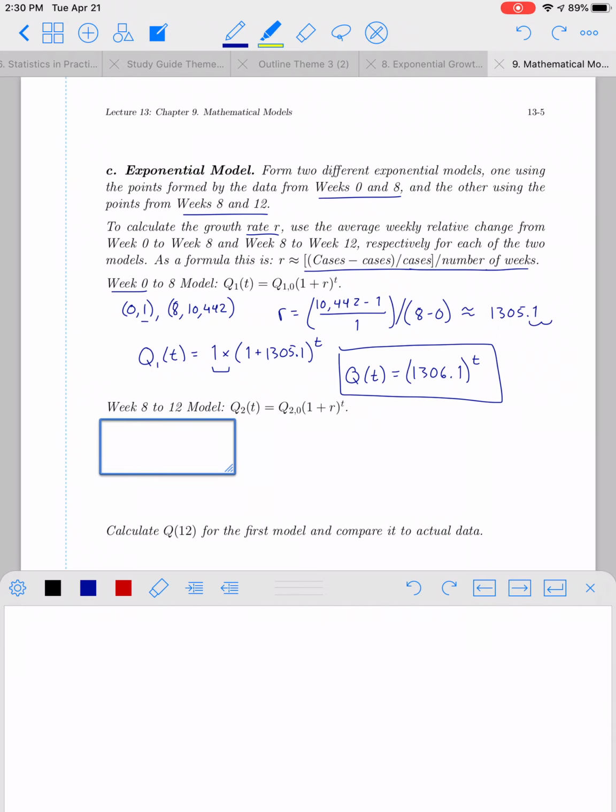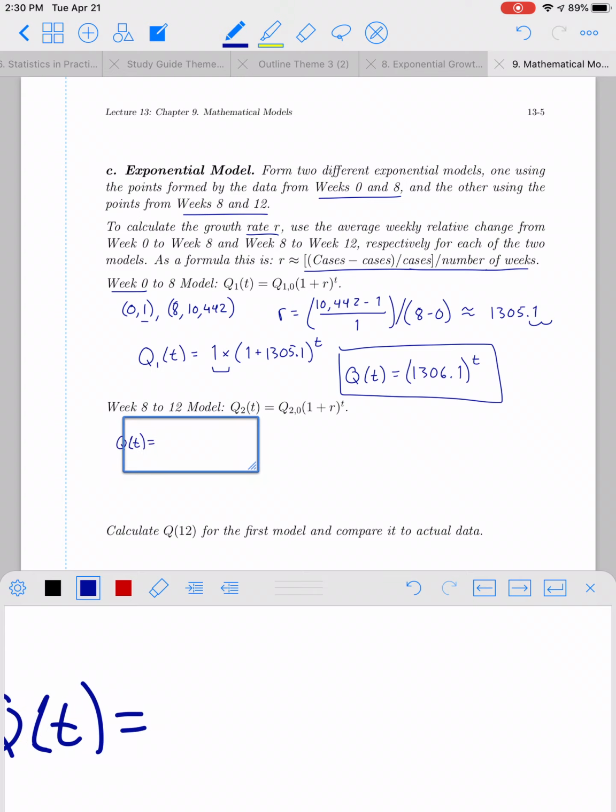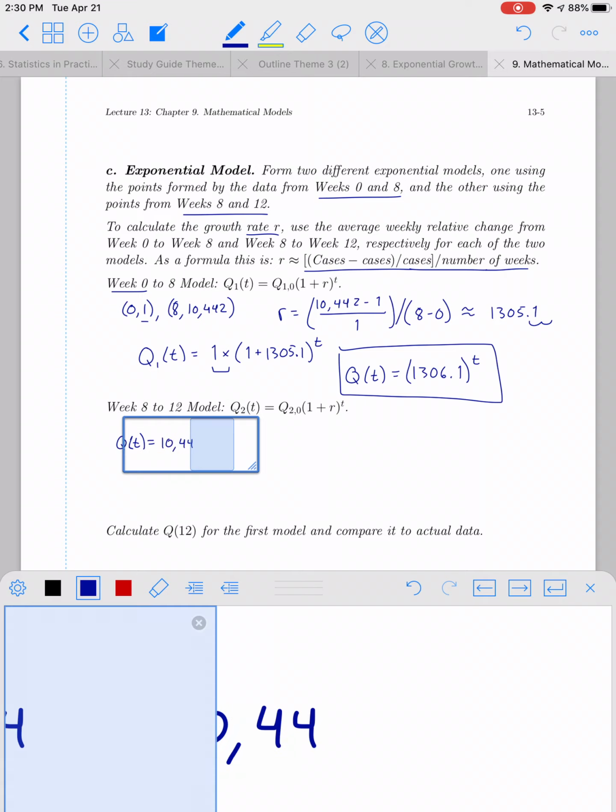So our next model is very similar. I'll write the points down, and following the same steps, we'll get the same value. For weeks 8 to 12, we end up with a model that looks something like q of t is equal to 10,442 times 15.9 to the t.